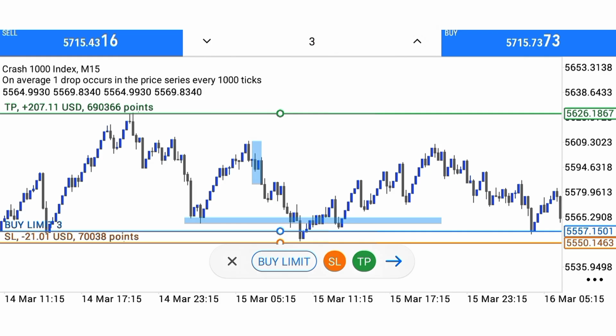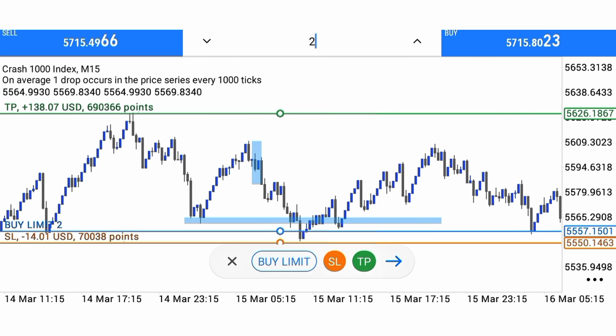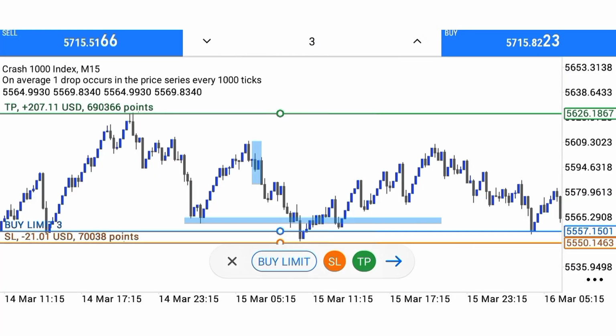Okay, it's 21 now. Let's say I'm risking $21 for this trade.